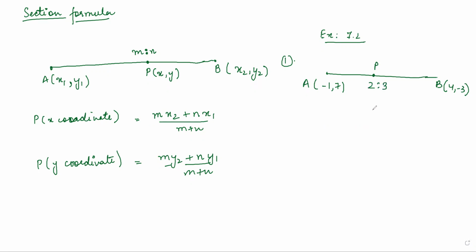So 2:3 means, Azan, understand one thing. There are total 5 parts. This line segment is divided into 5 parts. 2 parts are on the left side of P and 3 parts are on the right side of P. Understood? So find the P x coordinate.